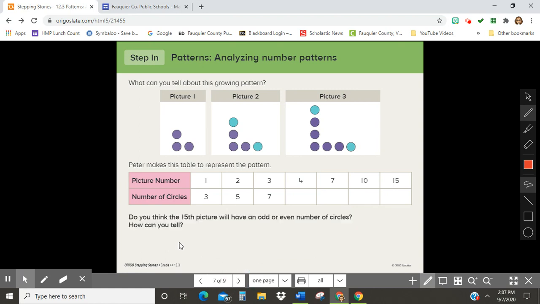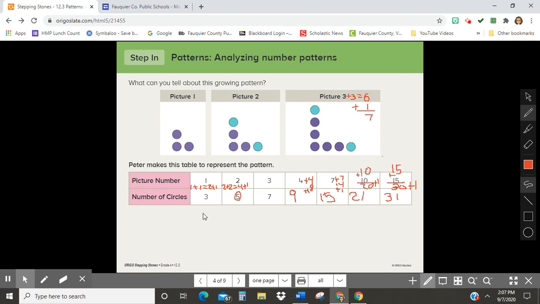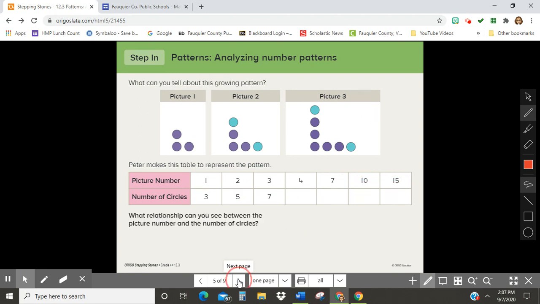Do you think the 15th picture will have an odd or even number? Well, let's go back to what do you notice about all of these numbers? 3, 5, 7, 9, 15, 21, 31. What do you notice about those numbers? How can you tell?